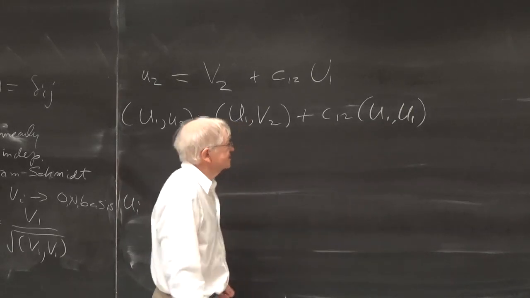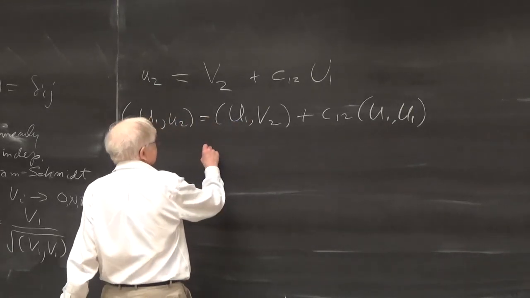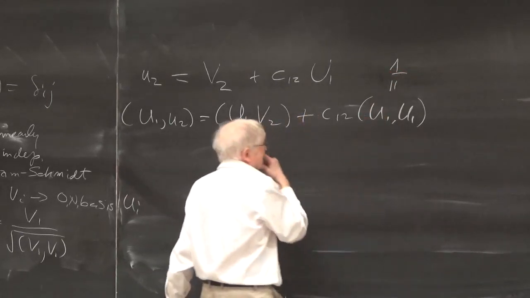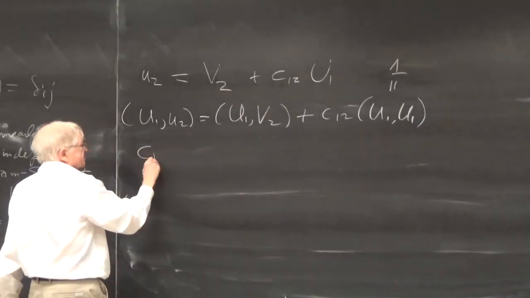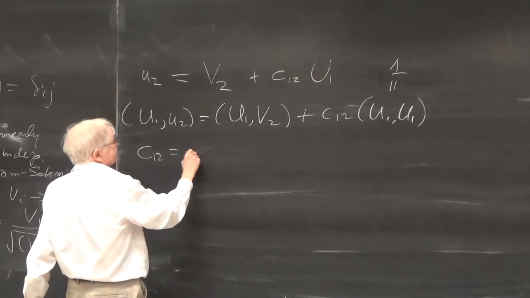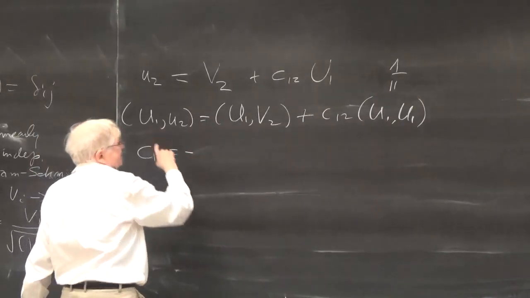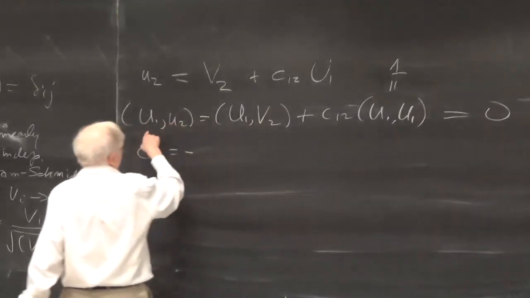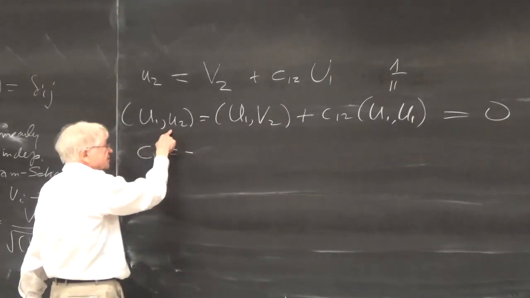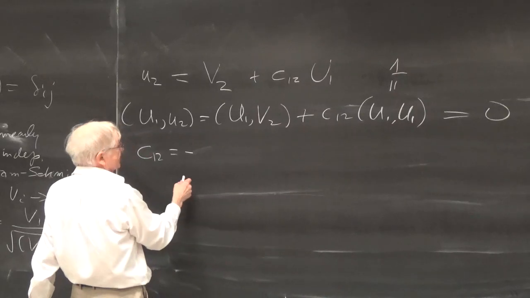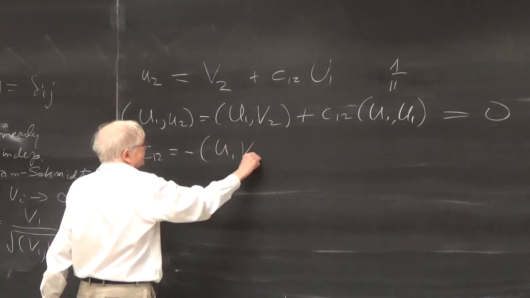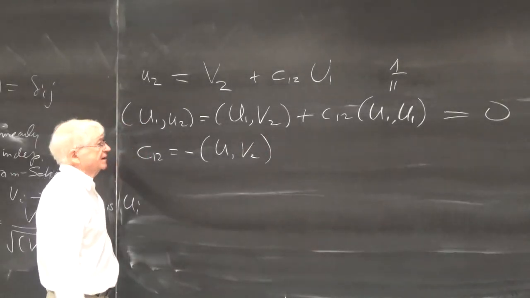It's 1, yes, because the thing is normalized. So this equation says we want this to be 0, of course. That's the whole point: we want the big U's to be orthogonal to each other. Therefore C12 is minus the inner product of u1 with v2.